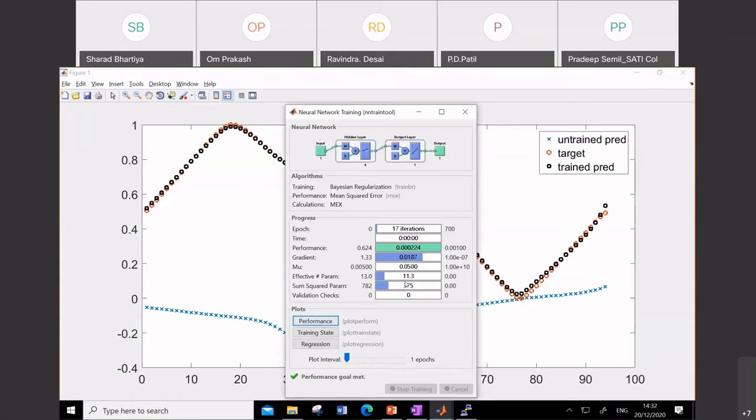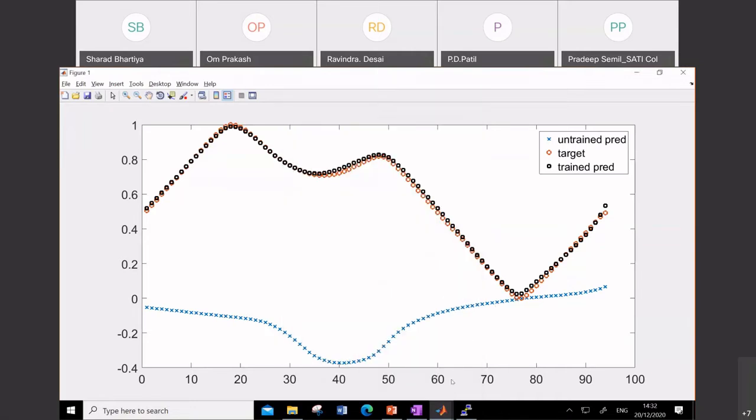So effective number of parameters is a trade-off between how much importance to give to that initial weight that you have chosen versus just minimizing the mean square error. So it's some kind of a trade-off. And so that is a specialty of Bayesian approaches. Okay, so I hope that was clear.